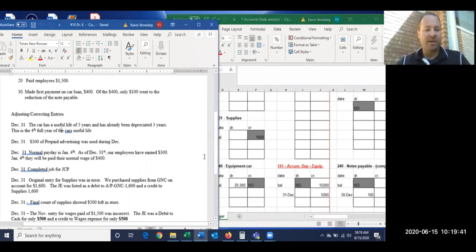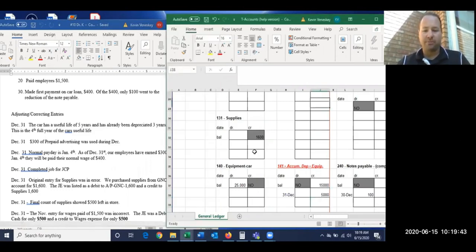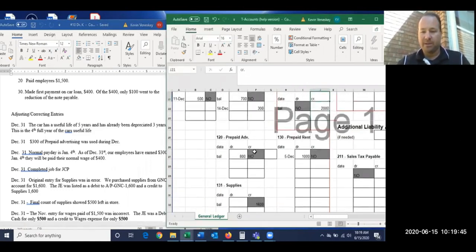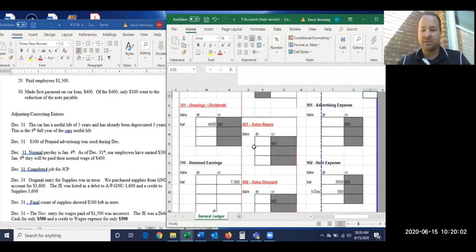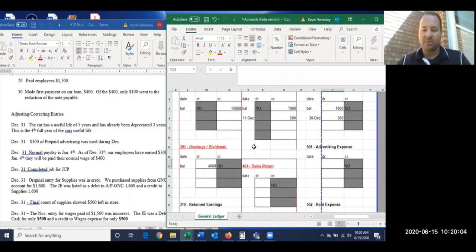$300 of prepaid advertising was used during December. Okay, we got to go back up to our prepaid area. So we got a prepaid rent, prepaid advertising. All right, we had $800 in prepaid advertising, but we actually got the benefit of some of that now. So when you get the benefit of something, that is an expense. So we come up to our expenses. We have an advertising expense.